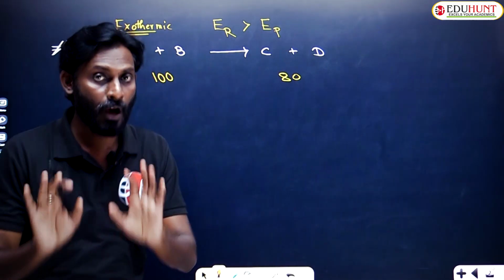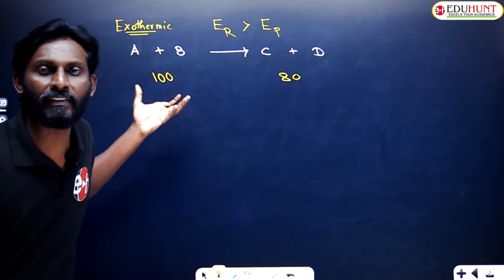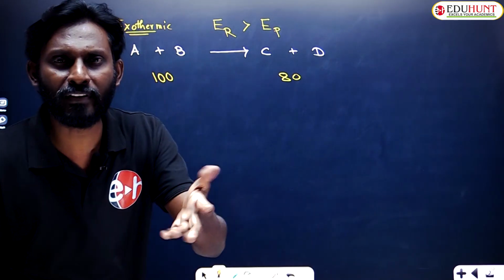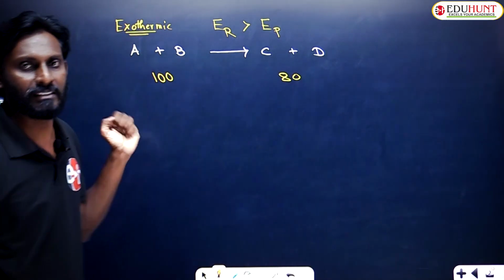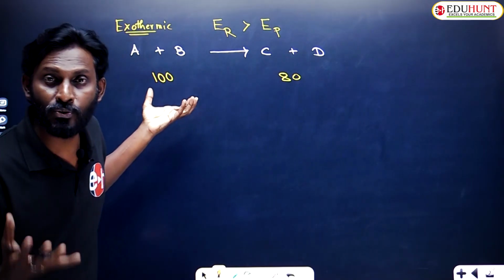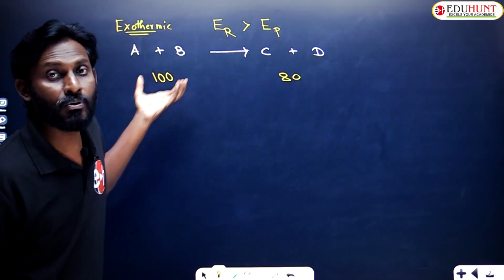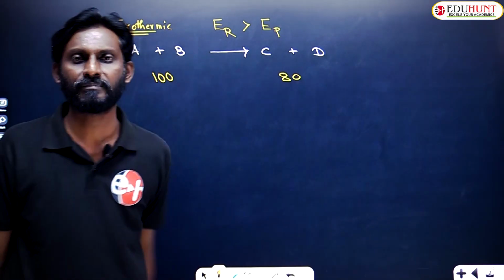Okay. Now, reactants with 100 units of energy. You can take any unit of energy, calorie, joule. For example purposes, I have taken this. The reactants with 100 units of energy are now converted into products with only 80 units of energy.